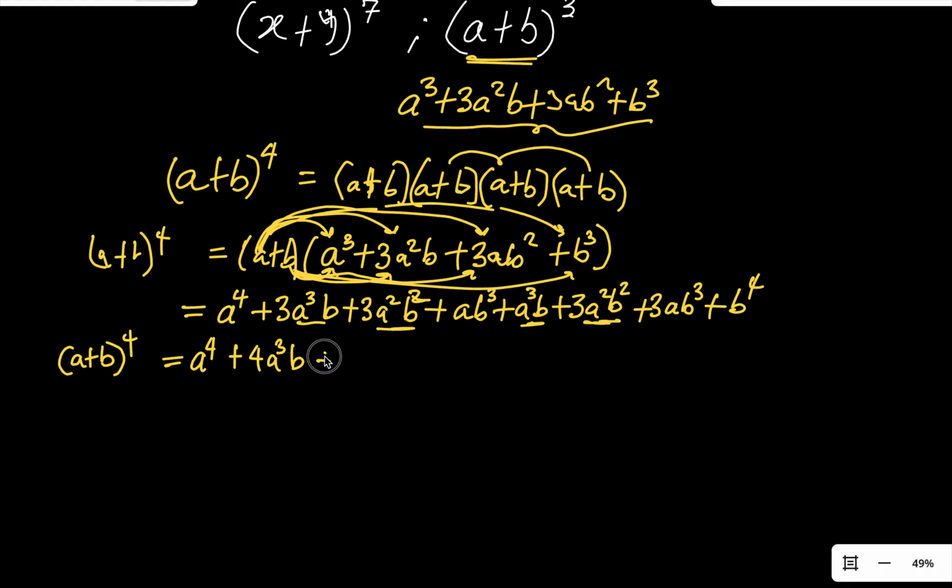So this one will be plus 6a squared b squared. Plus, check whether this one has a neighbor. See ab cubed, see it, ab cubed. So 1 here adds with this 3 to give you 4, so 4ab cubed, plus this last one will be b to the power of 4.